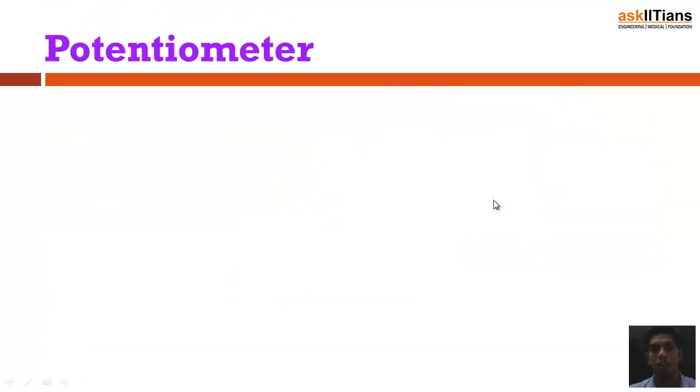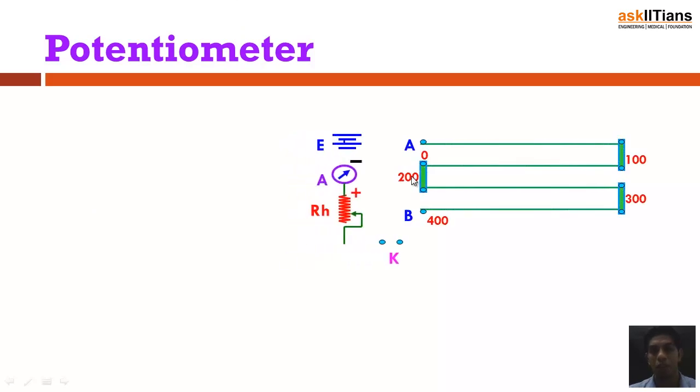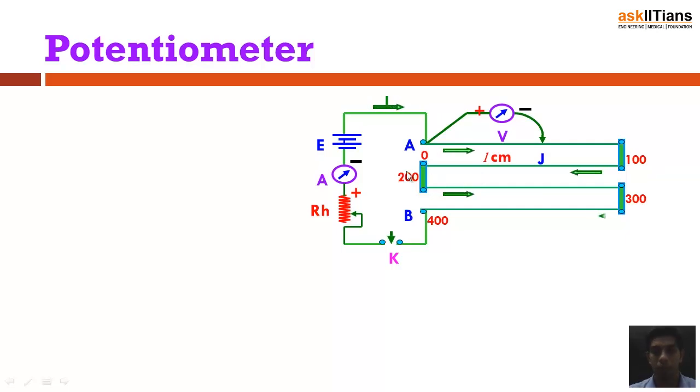Now comes another device, that is the potentiometer. The potentiometer is sort of a meter bridge but with a large length, that is, close to 4 meters or even 10 meters in good cases. So again, the setup goes like this: I have a cell, an ammeter to record the current, a rheostat such that I can set the value of the resistance, and I have here the voltmeter.